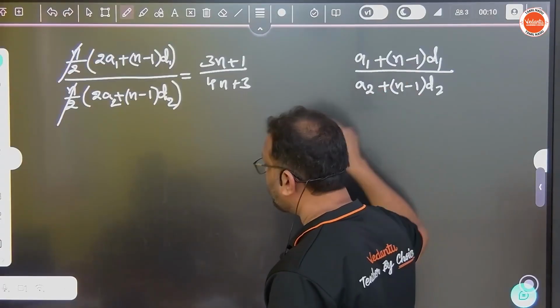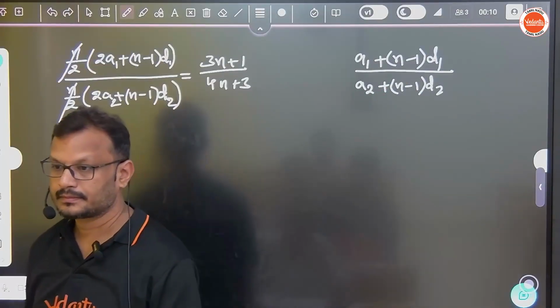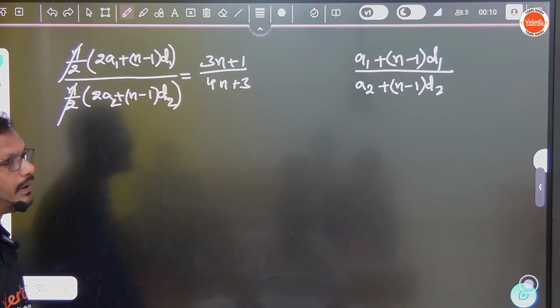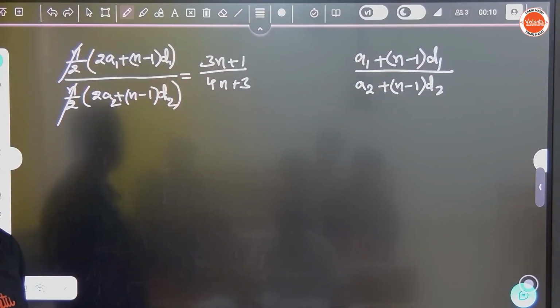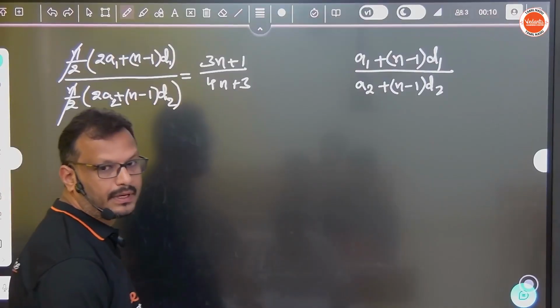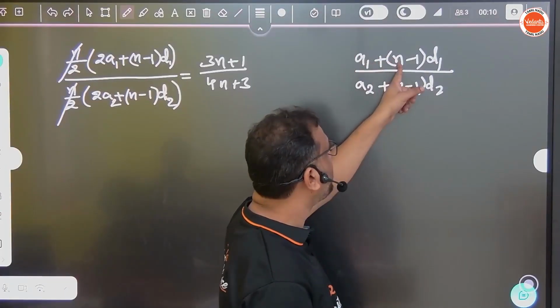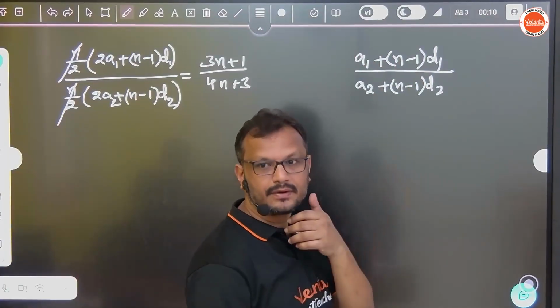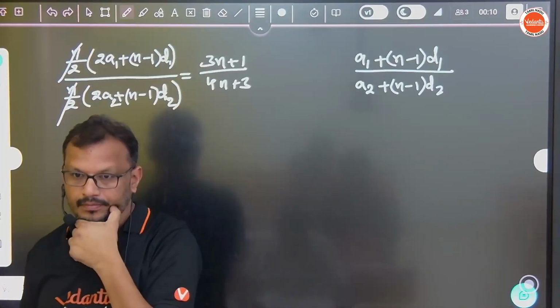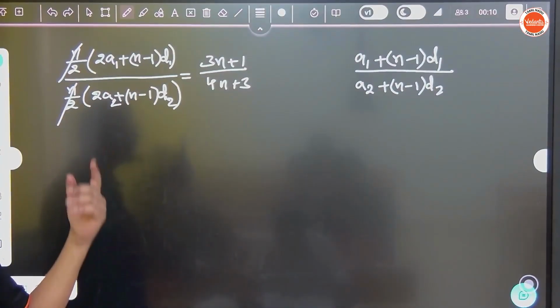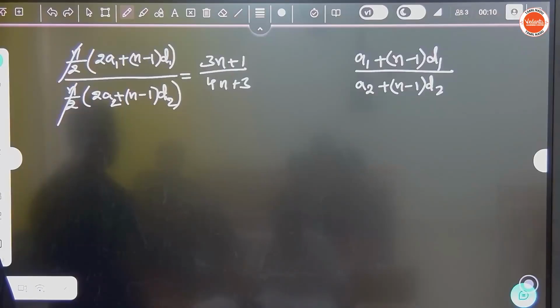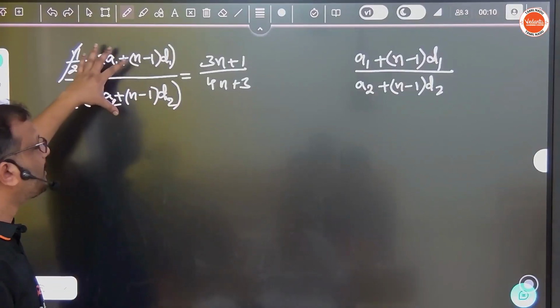Yes, this is the format we need here also. That ratio we need. Here I am taking the nth term. If you ask me the mth term, in place of n I will replace m. If you ask me the 10th term, in place of n, you will replace 10.